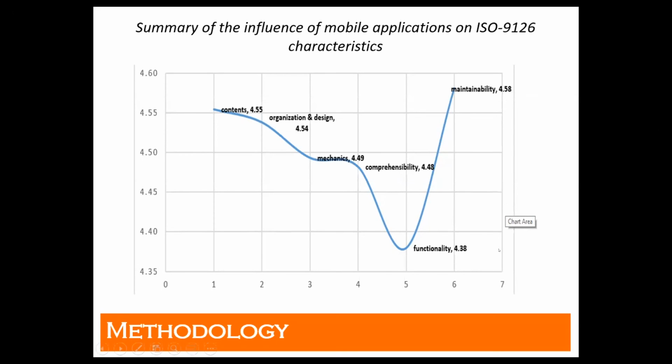And this graph illustrates that the functionality of the system was observed as the least among the 6 components of ISO metrics. Although 4.38 is still in the passing level of the Likert scale, this leads to an alarming one, especially to the developers of mobile applications.